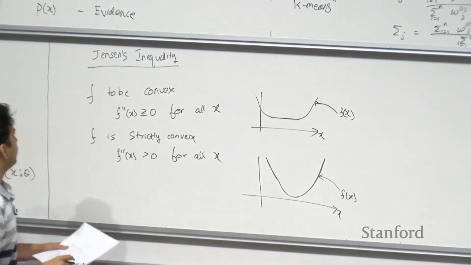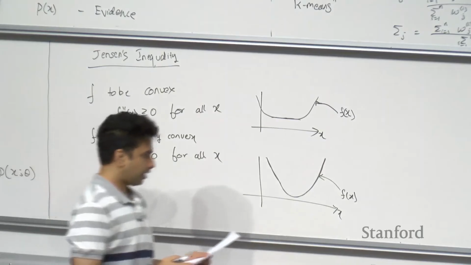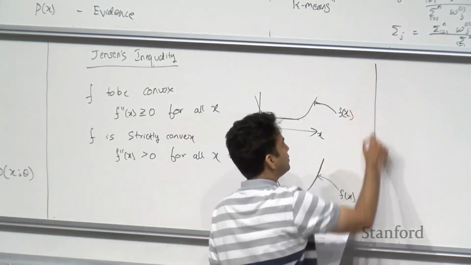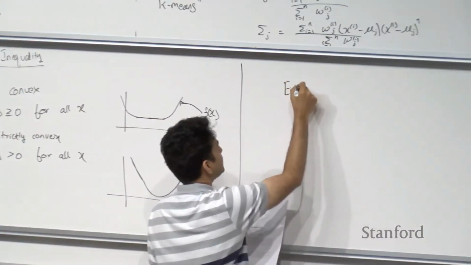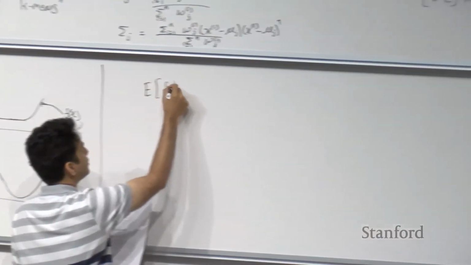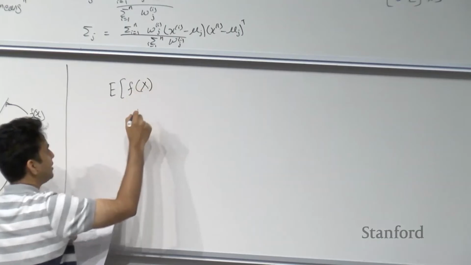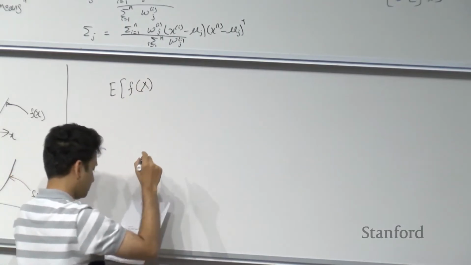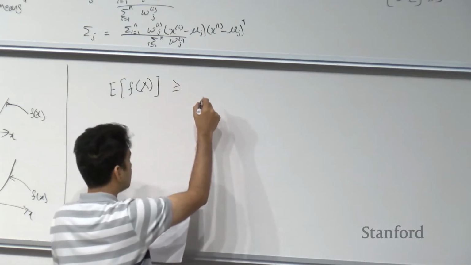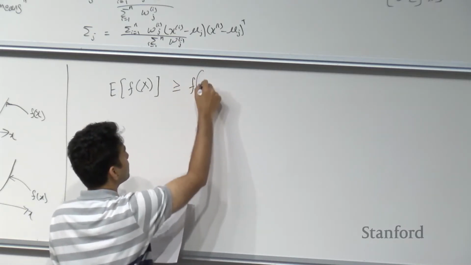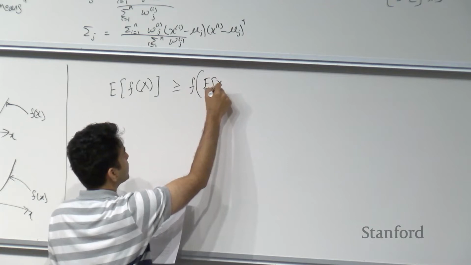Now, Jensen's inequality tells us that the expectation of f of x, where x is some random variable and f is convex, is always greater than or equal to f of the expectation of x.